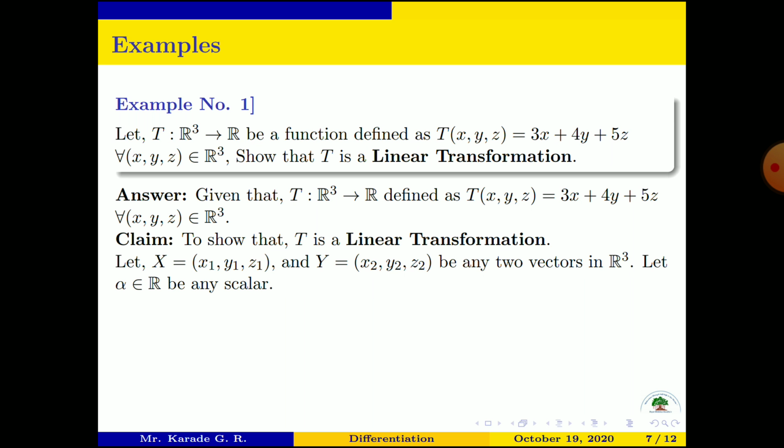Let alpha belonging to R be any scalar. So to prove these two conditions, we need two vectors and one scalar, which we have taken here. Capital X is one vector, capital Y is another vector, and alpha is a scalar.